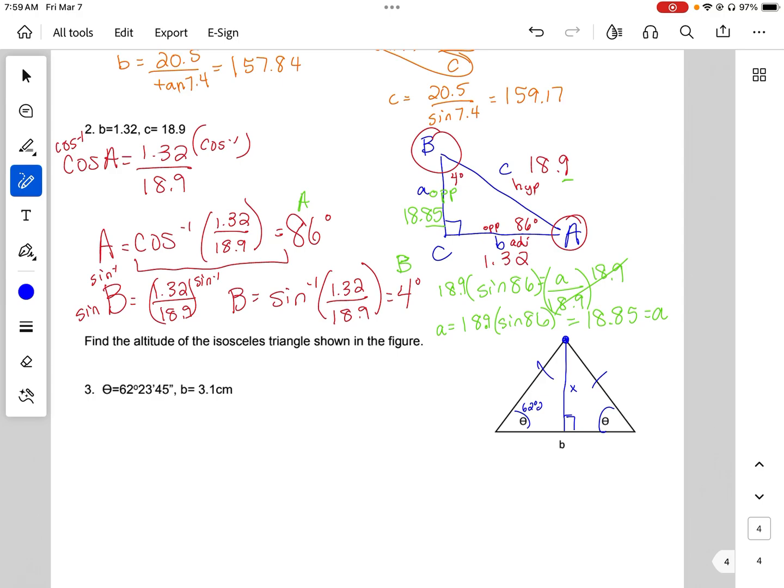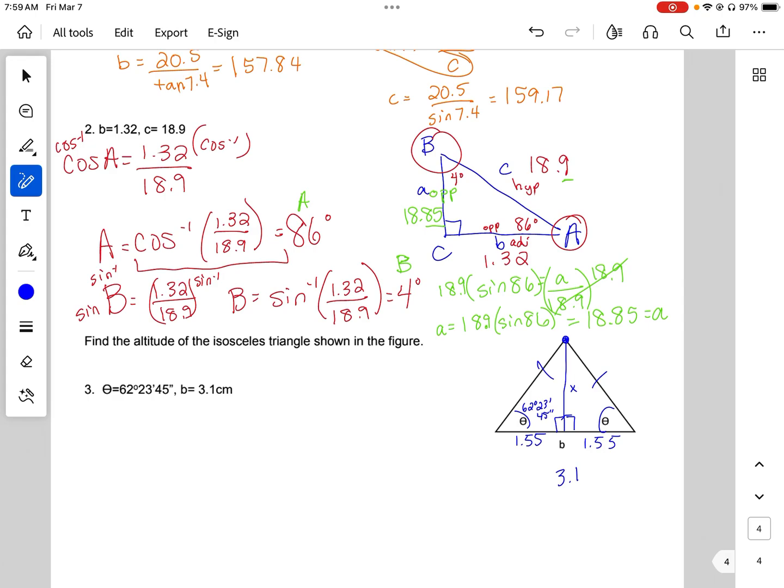So it tells me that this is 62 degrees, 23 minutes, and 45 seconds. And it also tells me that the whole base is 3.1. But if I'm just looking at a right triangle, like just one side of it, I would take 3.1 and divide by 2 and get 1.55 on both sides.